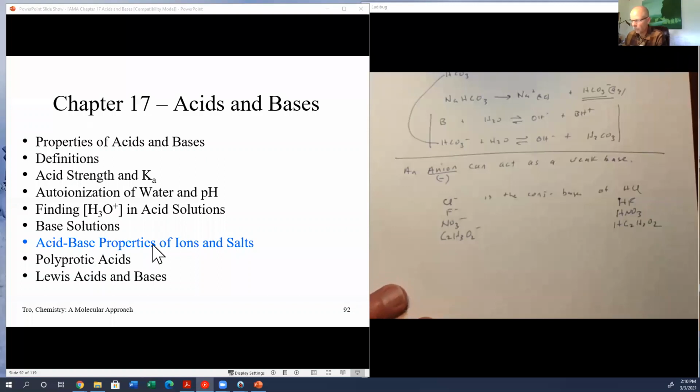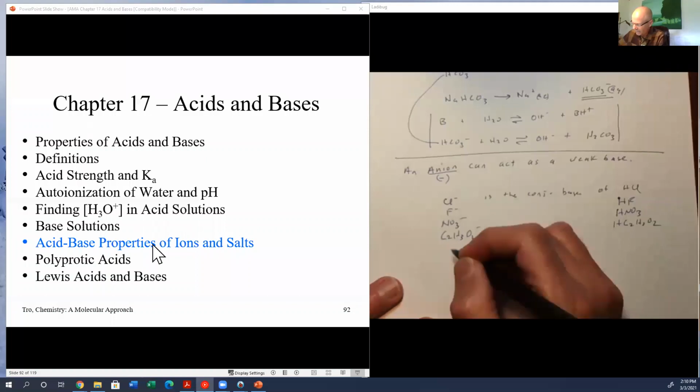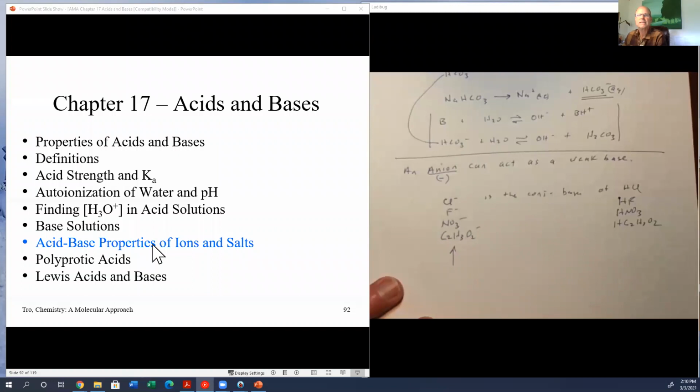All right. So in order to determine if an anion is itself basic, you want to ask yourself a question about its corresponding acid. And it goes like this.